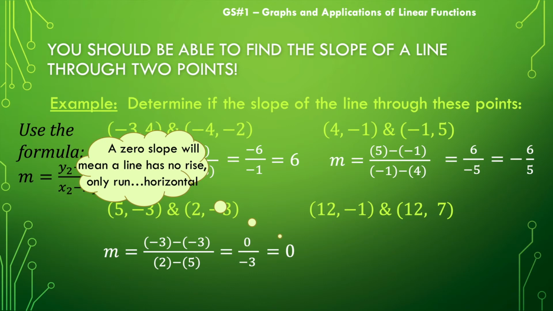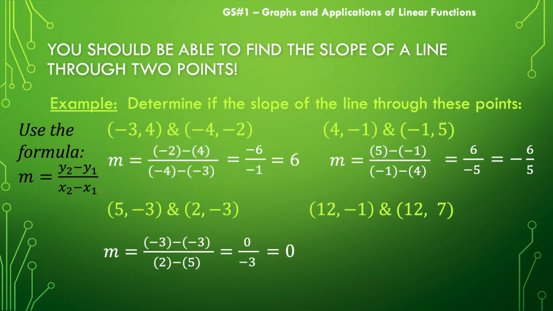And do the same thing with this next one. Give it a shot on your own. Pause the video, take a second, and calculate this. Come on back, and we'll try this out. Slope of the line that goes through 12, negative 1, and 12, 7. We would have 7 minus negative 1 in the numerator and 12 minus 12 in the denominator.